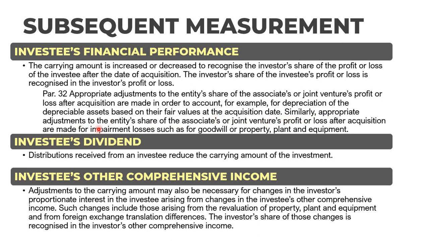Similarly, appropriate adjustments are made for impairment losses such as for goodwill or property, plant, and equipment.